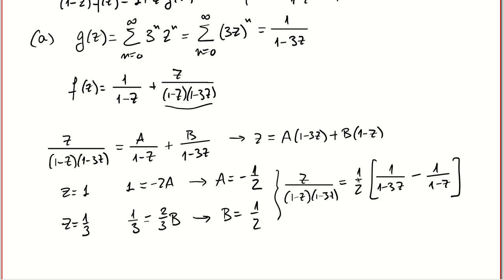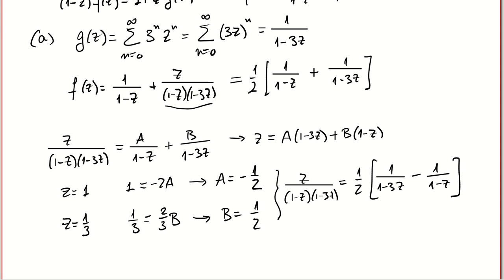Now we still have to add the 1 over 1 minus z. You have 1 times this fraction, minus 1/2 times this fraction, so this is 1/2 times this fraction after you cancel, plus 1/2 times 1 over 1 minus 3z. That is the final expression we're going to use for the function.